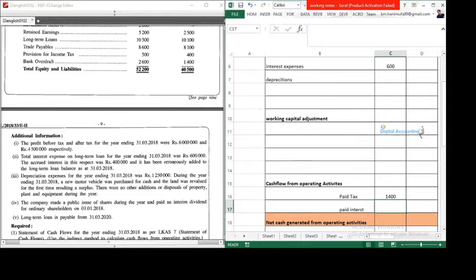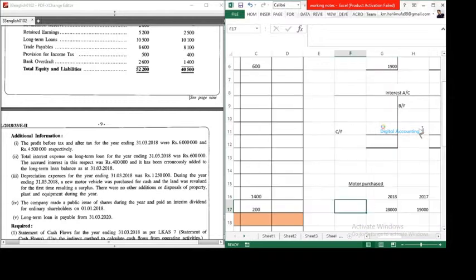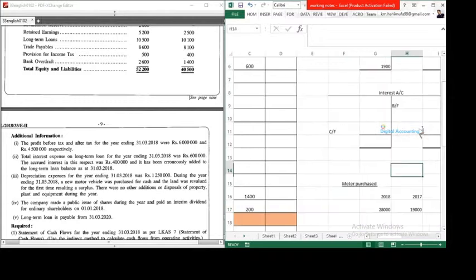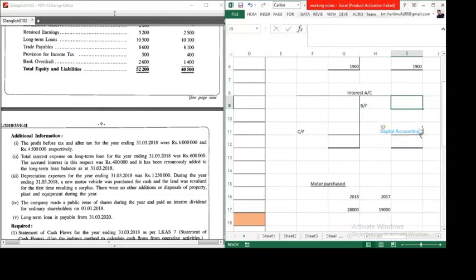So the paid value should be posted here, not the entire value. Here you can view this interest expense. If there's any initial brought forward liability from the interest cost account, you can assume there is none.